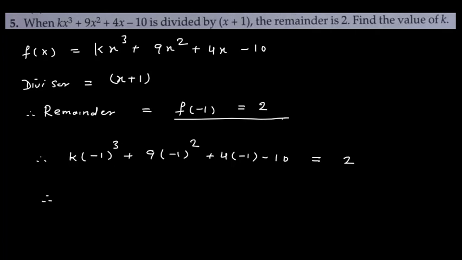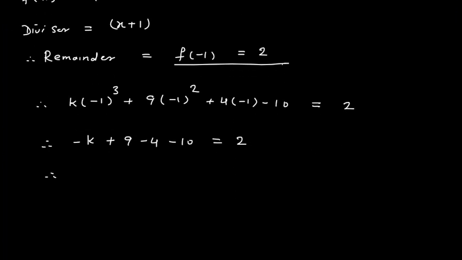So therefore minus 1 cube is minus 1, so it is minus k. Minus 1 square is plus 1, so it is plus 9. This is minus 4, this is minus 10, and the result is 2. So therefore minus k.